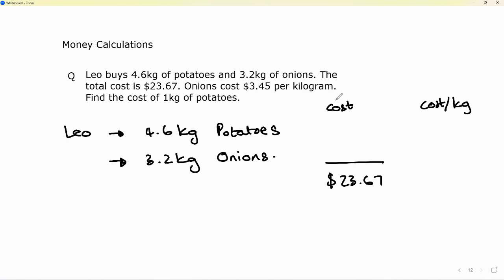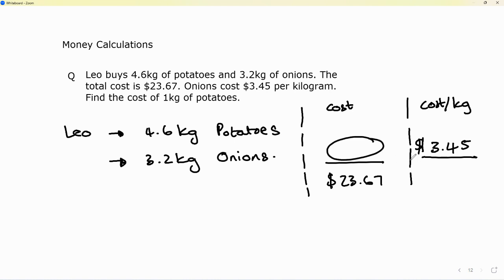In this triangle I've got these three possibilities, and the cost per kilogram is given to me as $3.45 for the onion. So I can calculate what this cost is. That's for 1 kilogram. So $3.45 for 1 kilogram means that to calculate the next part, I'm going to have to multiply those two together.